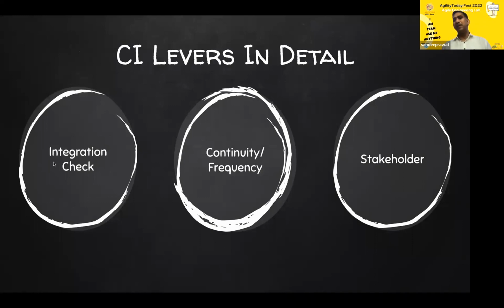The 5 integration checks that we have mentioned, we will pick up each one, and then try to decipher what should be the continuity or the frequency of that integration check. Shall we perform that integration check on every commit, or daily, or every hour, or every 6 hours? I want to hear that from you guys. And then if that integration check fails, who should be the stakeholder for that notification? Does that make sense to everyone?